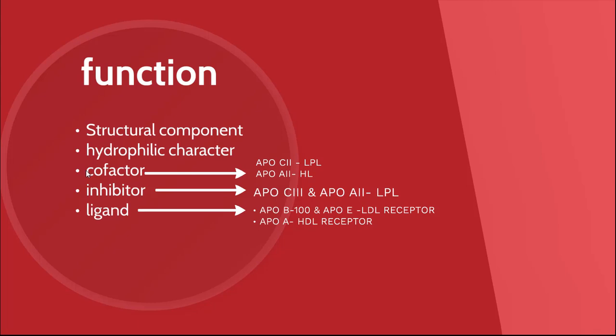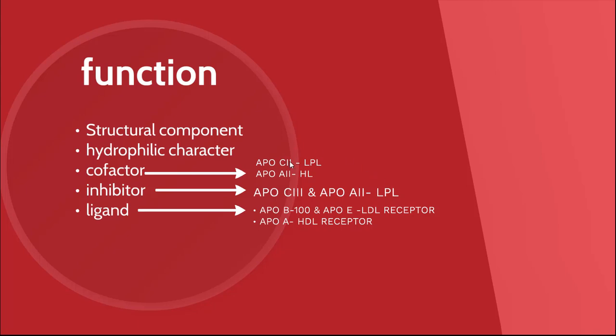They also act as cofactors for enzymes, that means they activate the enzymes. For example, ApoC2 activates lipoprotein lipase enzyme. ApoA2 activates hepatic lipase enzyme. Some of the apolipoproteins act as inhibitors of enzymes, such as ApoC3 and ApoA2, which act as inhibitors of lipoprotein lipase.